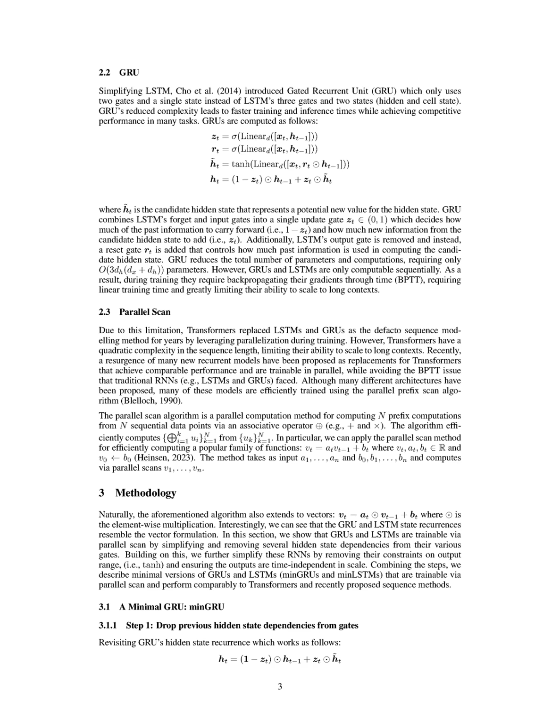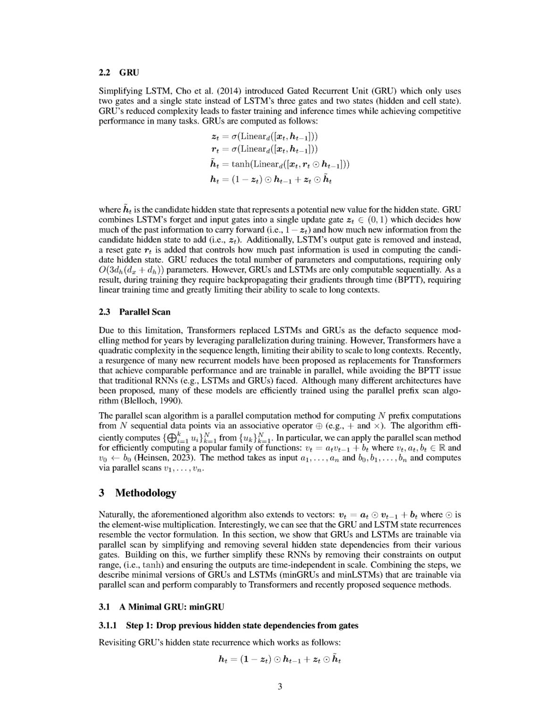Next, we calculate the candidate hidden state, h̃_t, without any dependence on previous hidden states, using h̃_t = Linear_d_h(x_t). This means h̃_1, h̃_2, and h̃_3 are computed directly from x_1, x_2, and x_3 respectively.